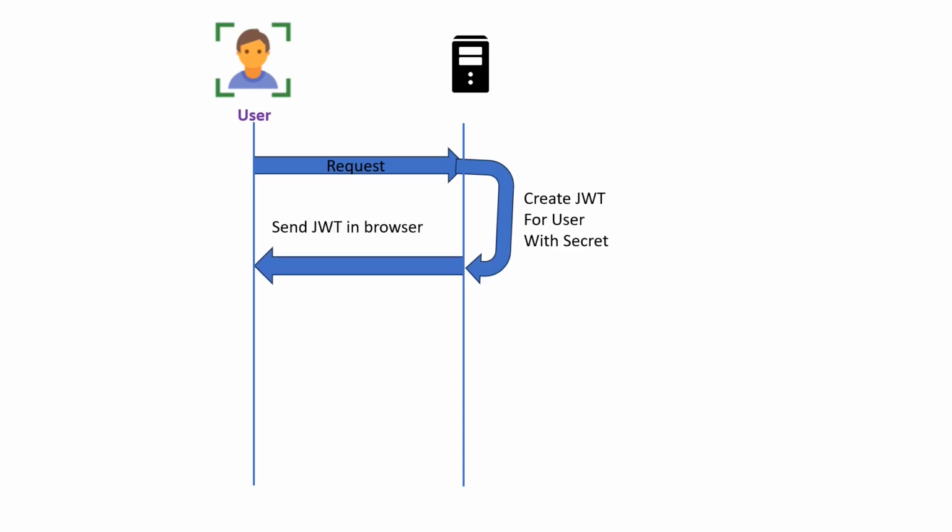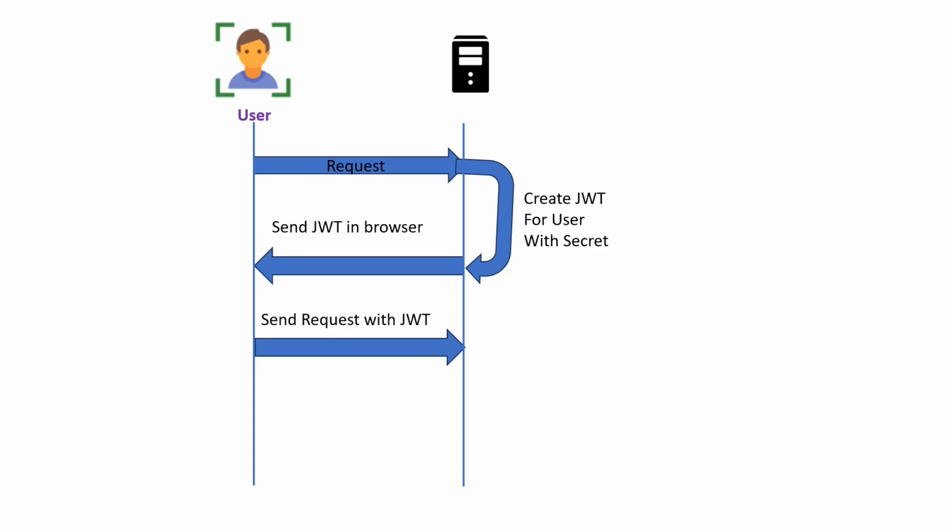Now, the client may store the token locally, or maybe in a cookie. But while trying to access some resources on the server again, it has to send that token in the request itself.